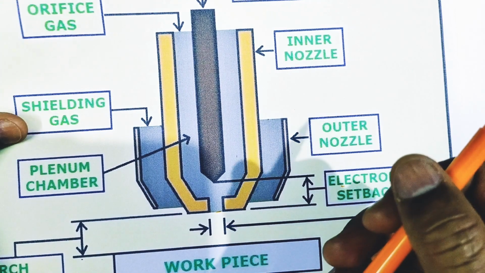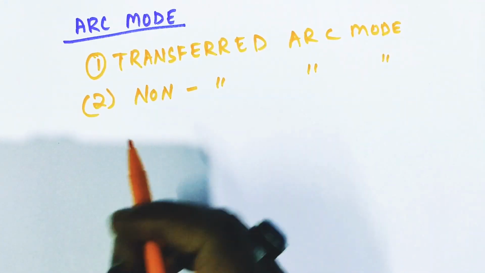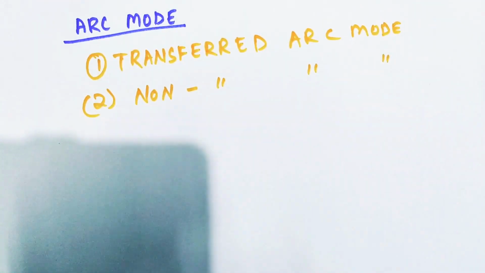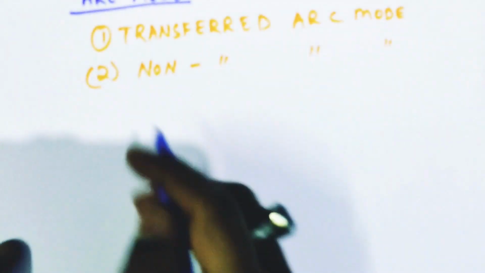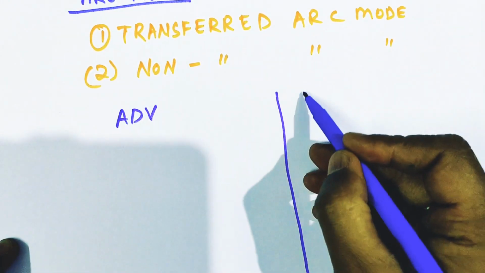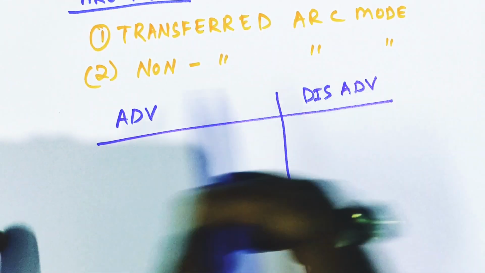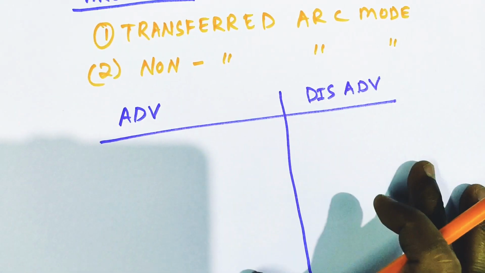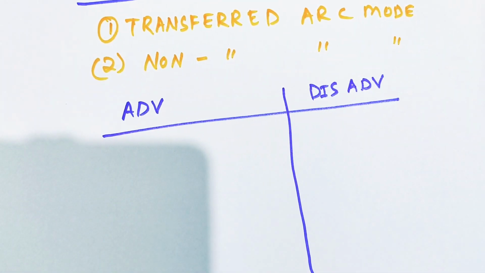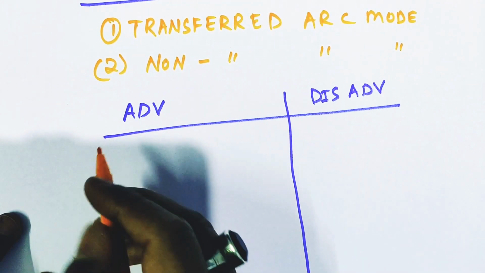Now we have understood the arc mode, working principle and equipment. So finally we will move to the advantages and disadvantages of plasma arc welding. So friends, as I told you, it produces a constricted arc, and that constricted arc is narrow and very focused.